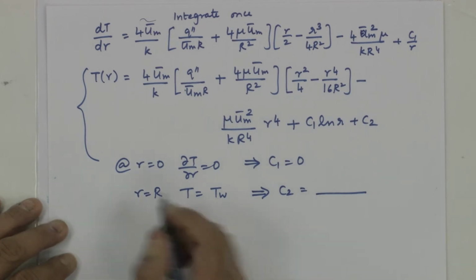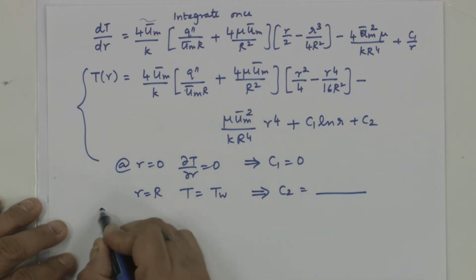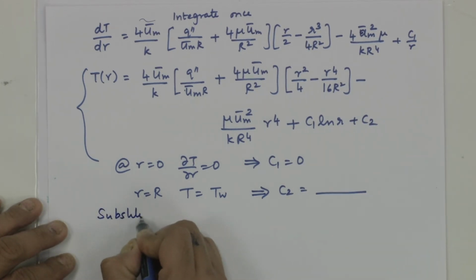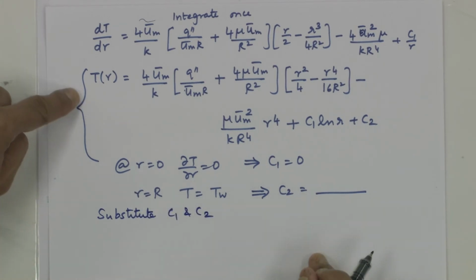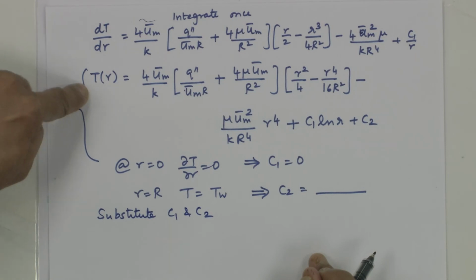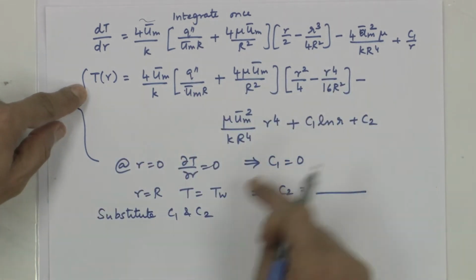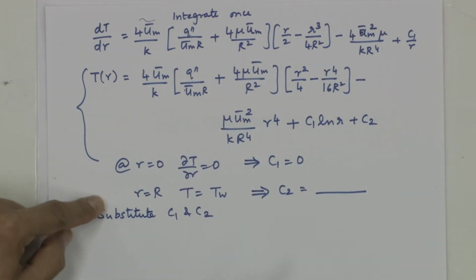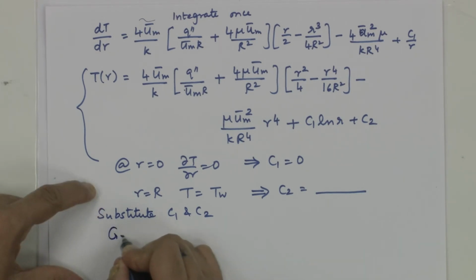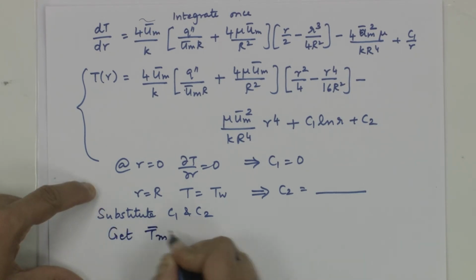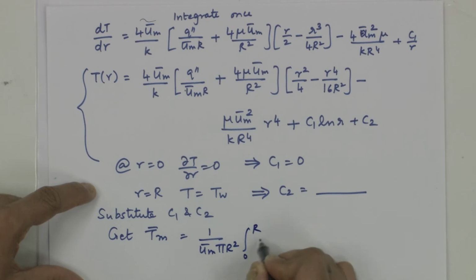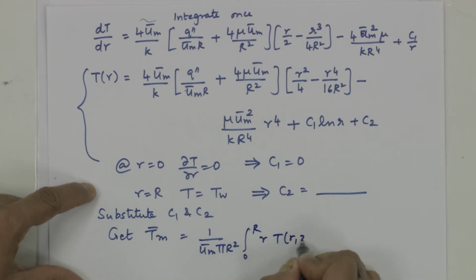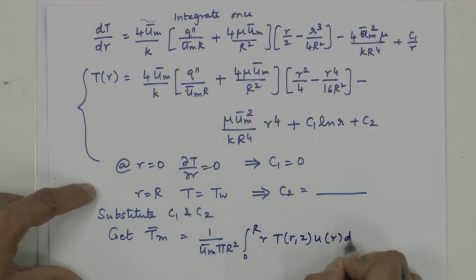You substitute for C1 and C2. So, C2 would be nothing but T wall minus all this quantity evaluated at r equal to capital R. Substitute for C1 and C2, get T bulk mean by integration as 1 by u_m pi R squared, integral 0 to R, r T of r comma z, u of r dr.